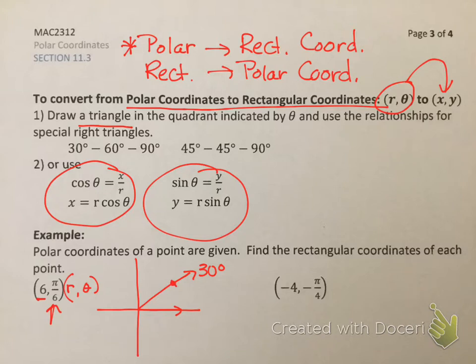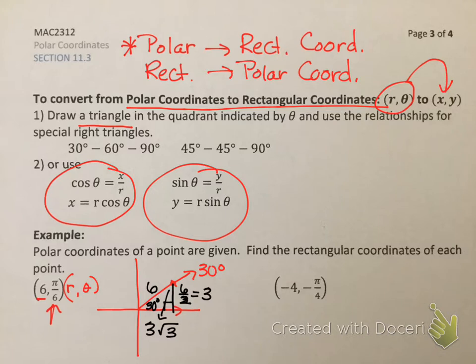So if I drop down a perpendicular, I know that this is 6 and that this is 30 degrees. And I know that the side opposite the 30-degree angle is half of the hypotenuse. And I know that the side opposite the 60-degree angle is the side opposite the 30-degree angle times the square root of 3.